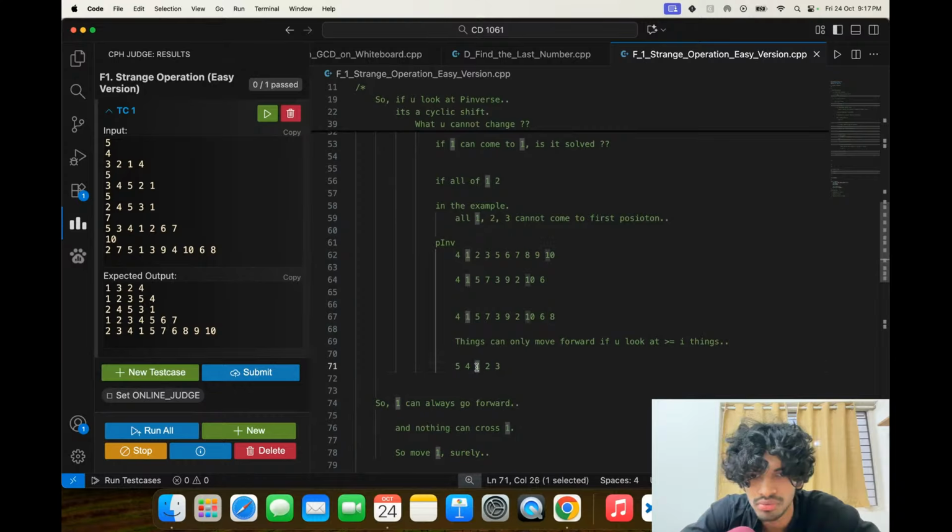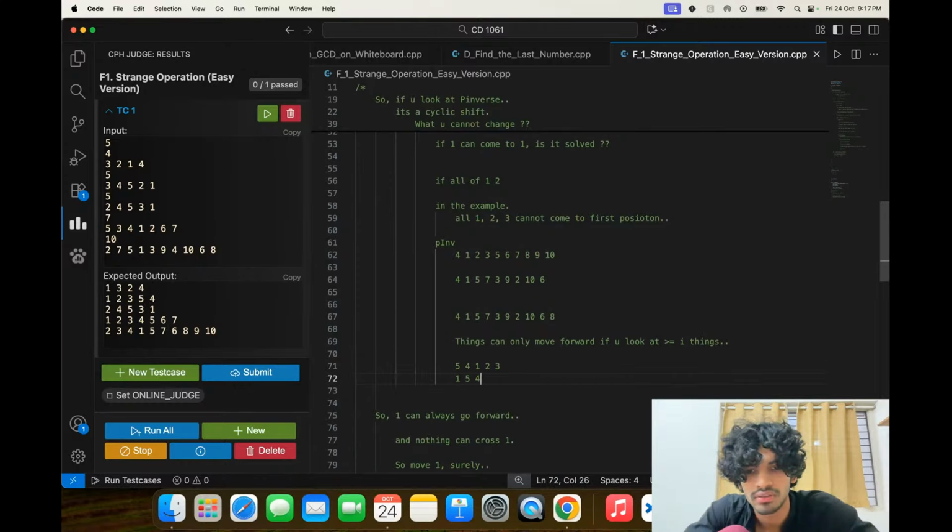Here, one can move here, and then two can move here, and then three can move here.